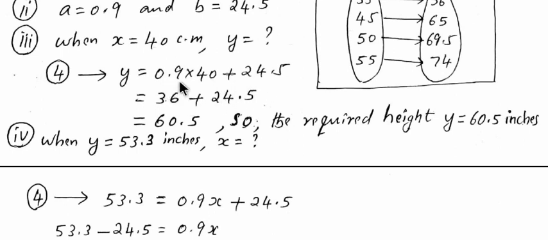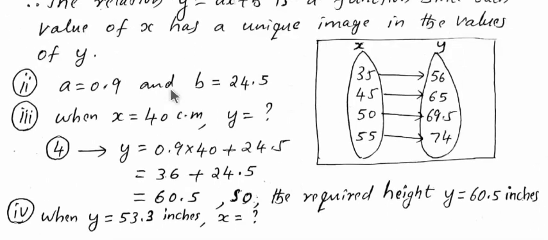Then simplify. 0.9 into 40 is 36. Here 24.5 is there. Then add. We get 60.5. So the required height, this is the height, this is the length of the forehand. Therefore, the required height y is equal to 60.5 inches.